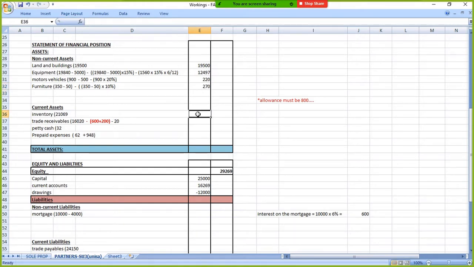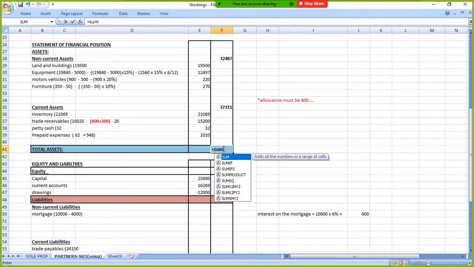Okay, inventory, trade receivables, tally up. Petty cash, prepaid expenses. Okay, your non-current assets, sum up. All my non-current. There. Current assets, sum up. All my current assets. There. Total assets, sum up. Non-current and current.